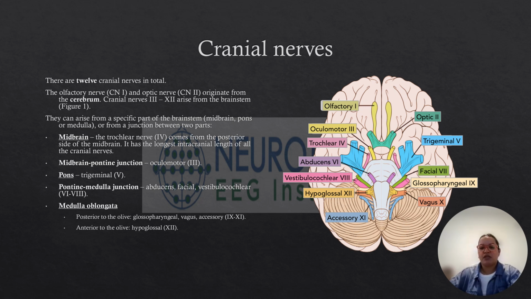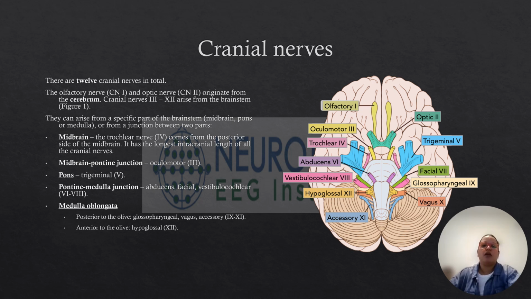The olfactory nerve and optic nerve both originate from the cerebrum, and the rest come from the brainstem. And the brainstem, remember, is the midbrain, medulla, and pons.